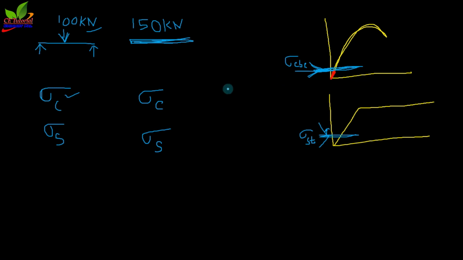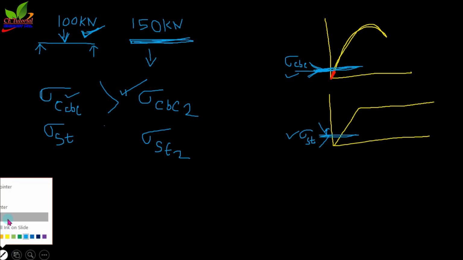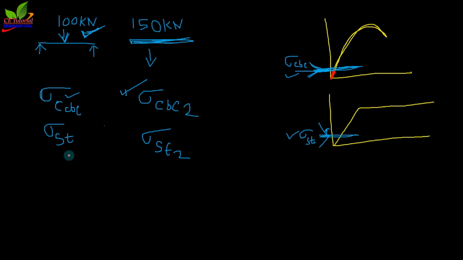IS code is saying that you cannot go beyond sigma CBC and sigma ST, but if the load exceeds 100 kilonewton, which we are considering during the design of the structure, practically the stress in concrete will exceed sigma CBC, or sigma ST. Practically for the 150 kilonewton load, say sigma CBC 2 or sigma ST 2, and this is obviously greater than this.